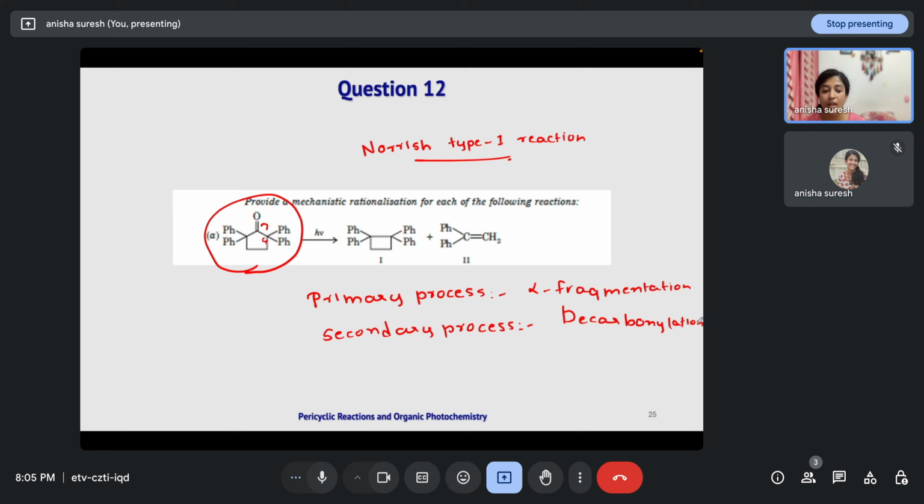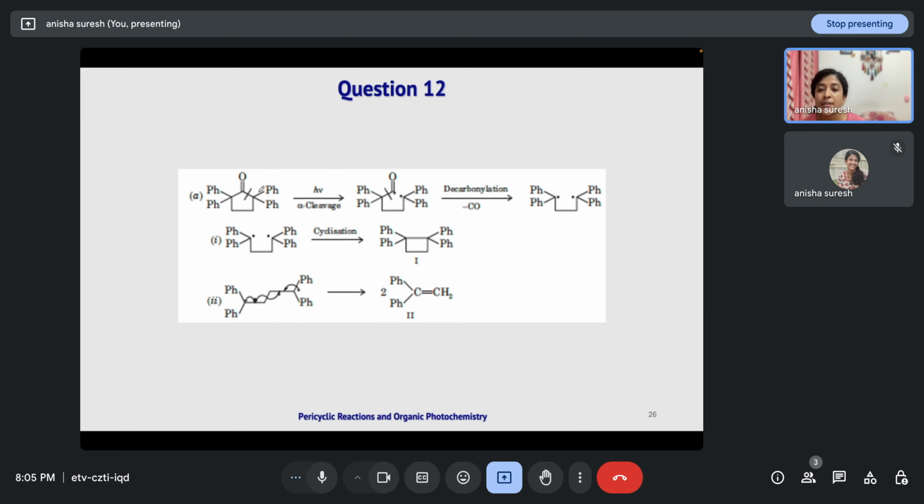Okay, now let us see the mechanism. So here the alpha cleavage will be taking place leading to formation of this carbonyl radical and this tertiary radical here.